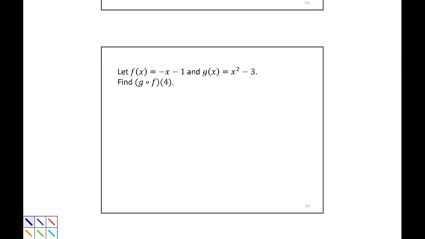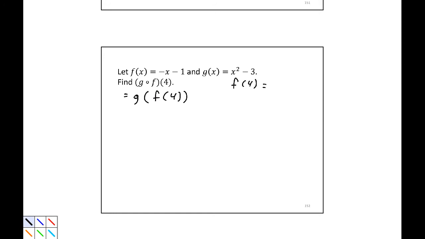Let f of x equal negative x minus 1 and g of x equal x squared minus 3. Find g of f. Notice the order changed here. G of f of 4. So this, by definition, is g of f of 4. Close all my parentheses. Now let's find f of 4. The order that these are written determines the order that we plug things in first, or we evaluate.